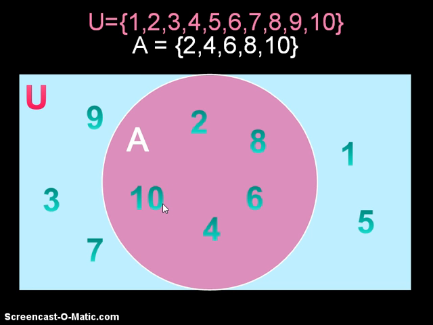All the other elements of U can be found outside A but still inside our rectangle. Those are the 1, the 3, 5, 7, and 9. We can see them all here.